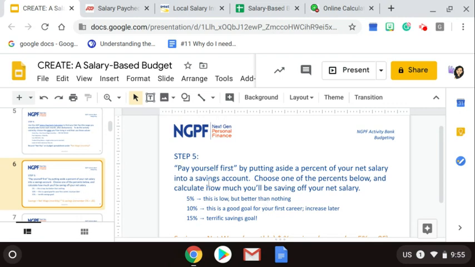It's very important to put yourself first. So you get to choose one. Please do not pick 5%, especially if you are a professional. There should be no reason why you can't buy a house, why you can't save up. And the way you do that is by paying yourself first.